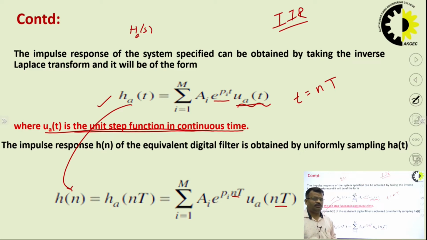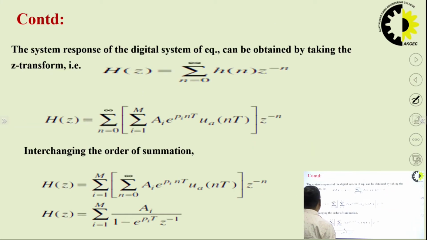In the third and final step, you have to take its Z transform. If you take the Z transform, you know the formula of Z transform, H of z is equal to summation from n equals 0 to infinity, small h of n into z to the power minus n. So I am putting the value here in the formula.